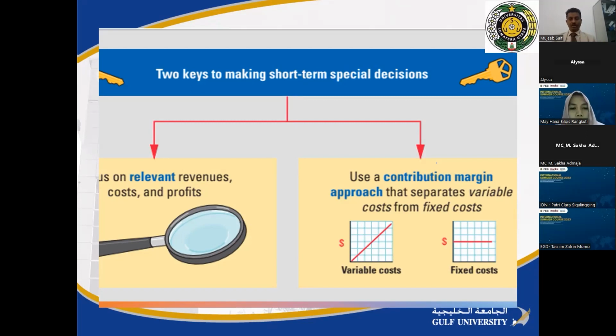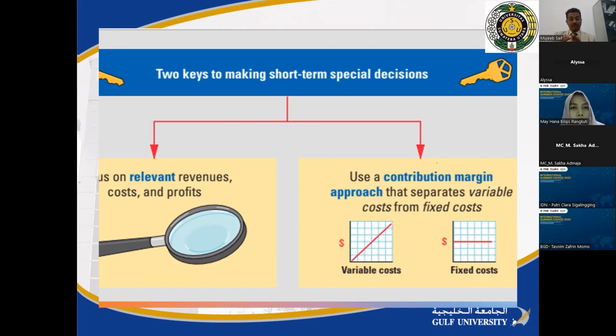When I analyze two options, there are several items, so I will exclude the items that are similar in these two options. I will focus on the information that is different in these two options and that can help me to make a decision. So this is the definition of relevant.